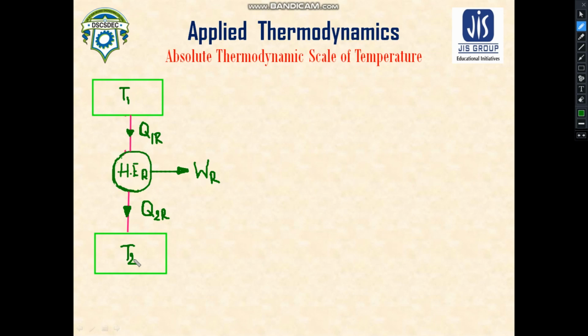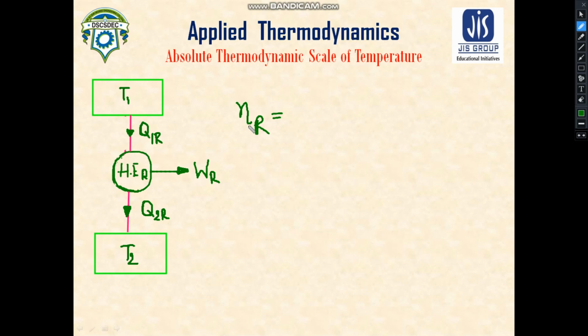So according to the first statement of Carnot's theorem, we can easily say that the efficiency of a reversible engine is a function of the temperatures of heat addition and heat rejection.